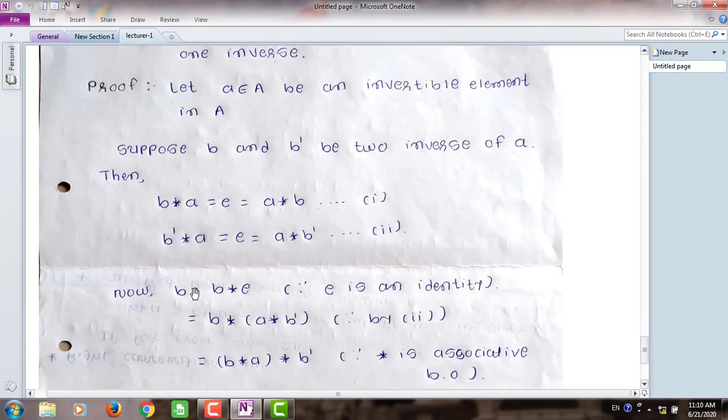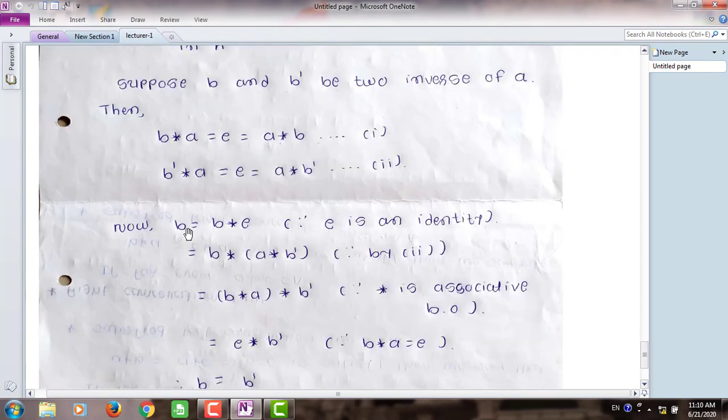Now, element b is equal to b star e, because e is an identity element. And e is equal to a star b dash from equation number 2. So b is equal to b star a star b dash, and star is an associative binary operation in our statement.